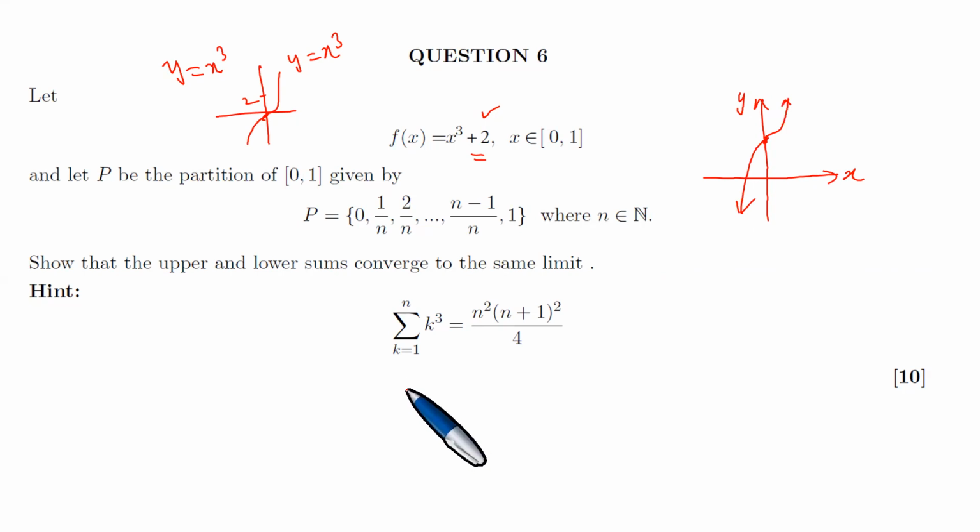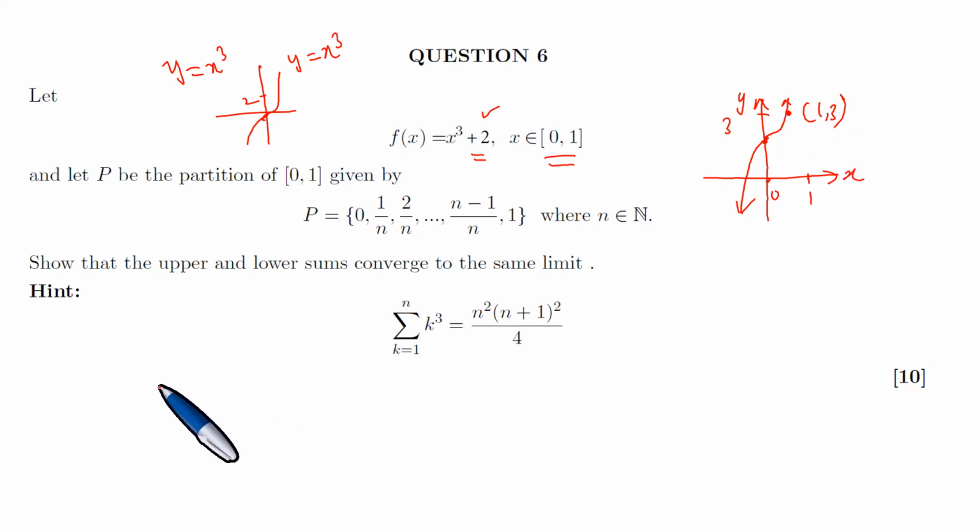But then as a consequence, over this interval from 0 to 1, at 1, it becomes 3. X equals 1 becomes 3.